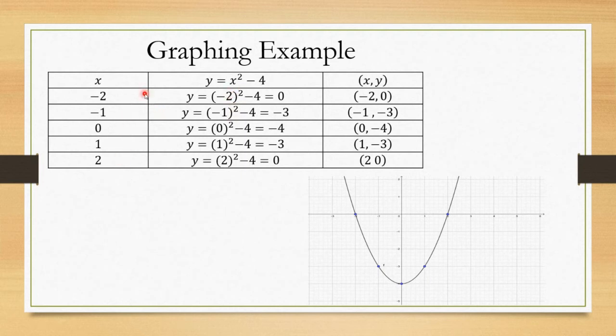And for each x, we substitute, calculate the corresponding y, and we get a point. That point is a solution to the equation, so it's on its graph. If you take x to be -2, for instance, calculate y. Y happens to be 0, so we get this point is on the graph.